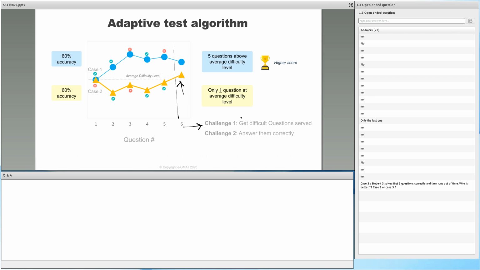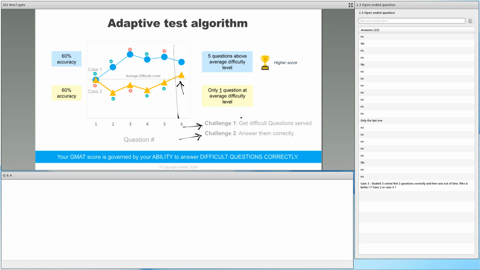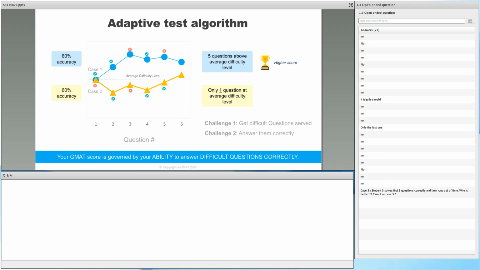Okay. Then challenge 2, student 2, case 2, is to answer those questions correctly. That's something which is really important. So when it comes to this point over here, what's important is that your GMAT score today, or rather always, is governed by the ability to answer difficult questions correctly.